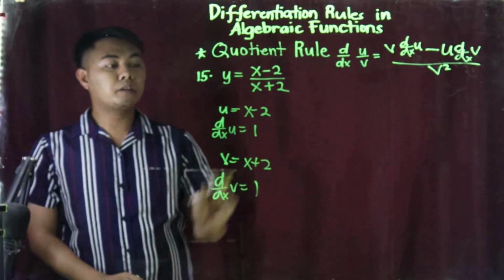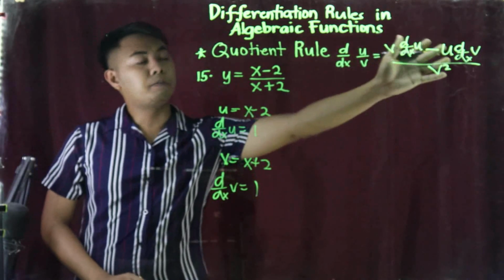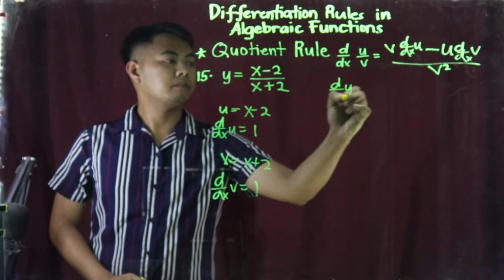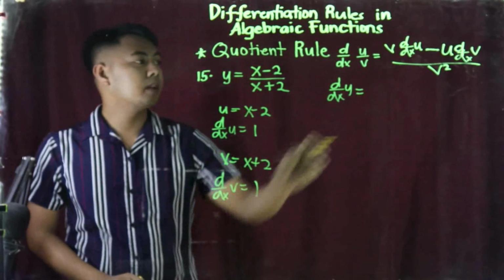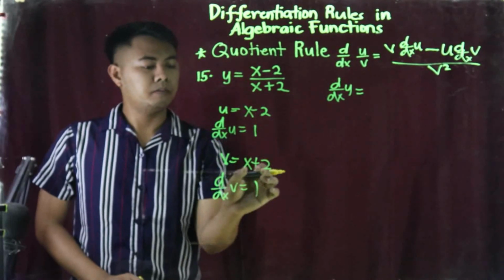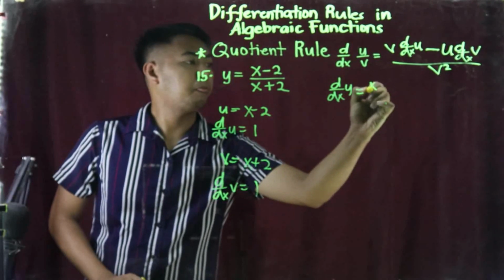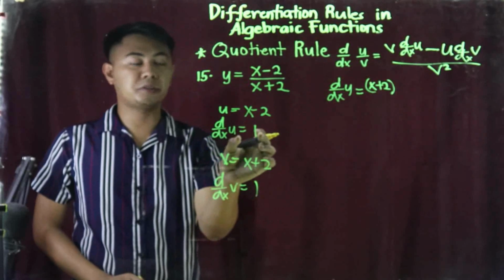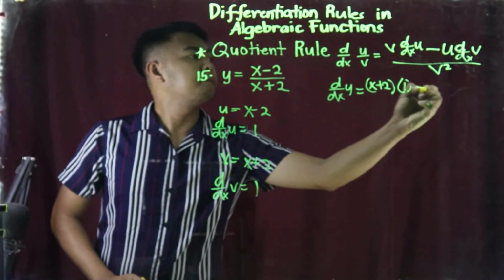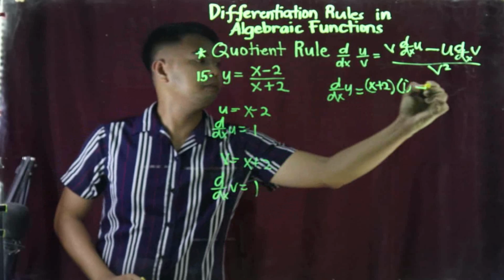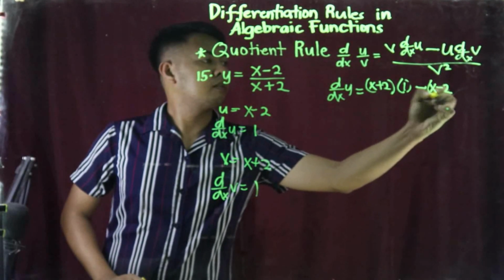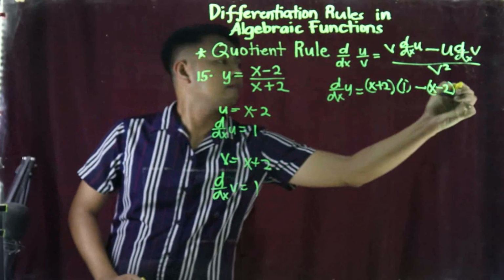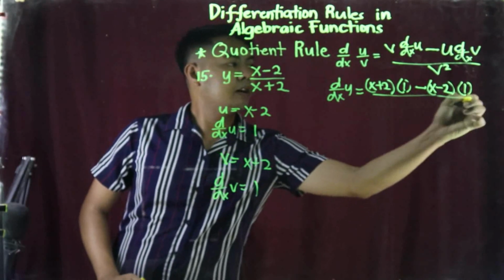Okay? Then, we're going to use this in the formula. So, the derivative of y is copy v, x plus 2, times the derivative of u, which is 1, minus copy u, x minus 2, times the derivative of v, 1, all over v squared.